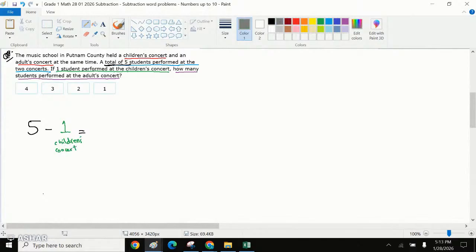So how many would be performing at the adults? That means 1, 2, 3, 4, 5. Out of these 5 students performing, one student performed at the children's concert. Then the remaining would be performing at the adults concert. That would be 4. Agreed?